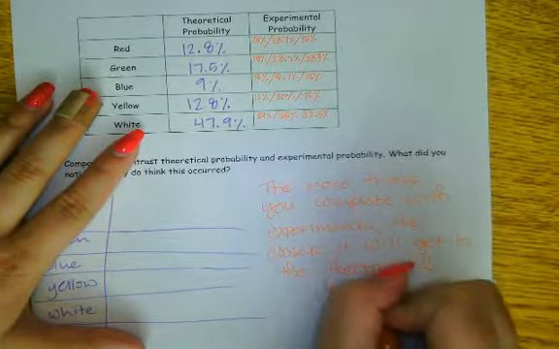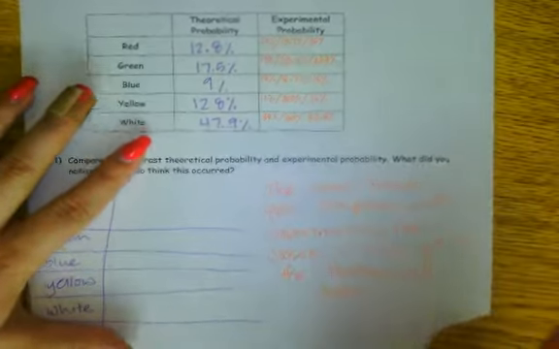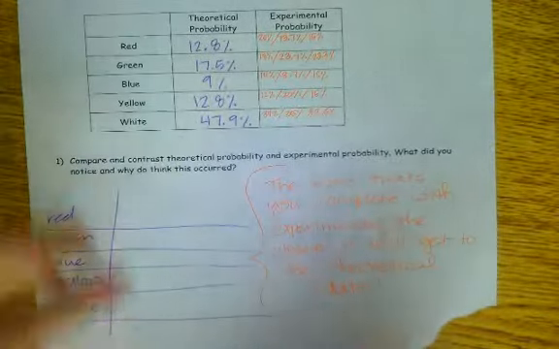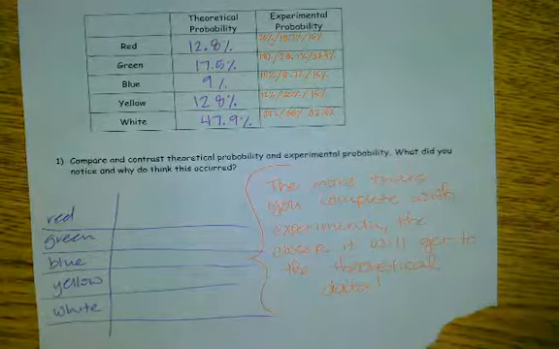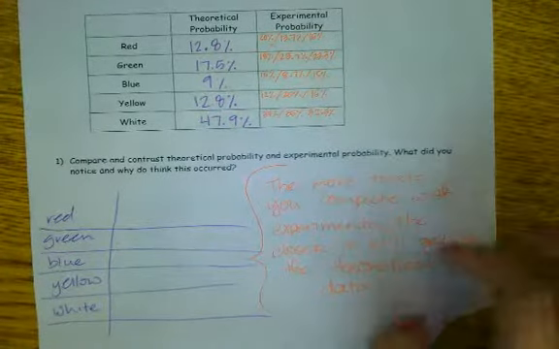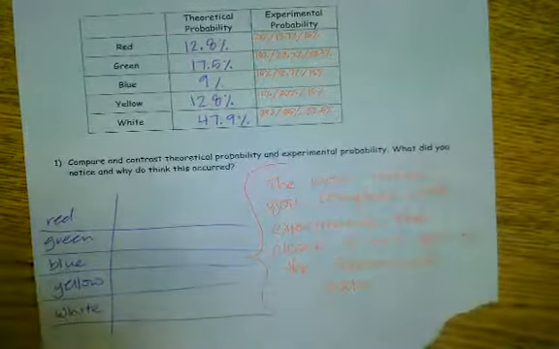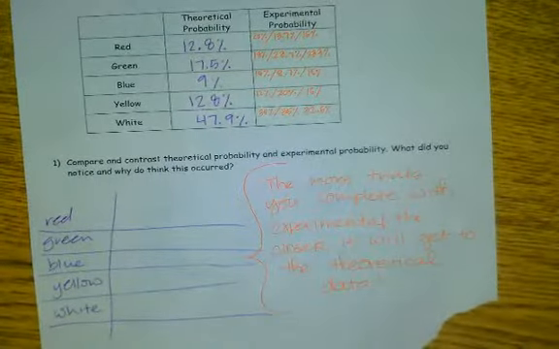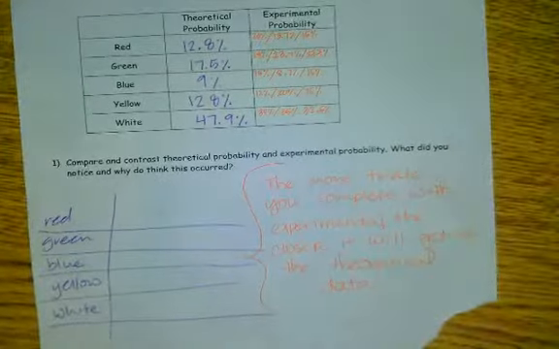Okay, so that's really important. That's the main idea I want you to get away from comparing theoretical and experimental probability. That is huge, okay? So just know that the more trials you do with your experiments, the closer it should be getting to the theoretical probability. Any questions?